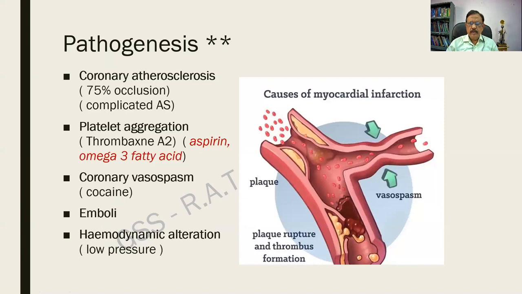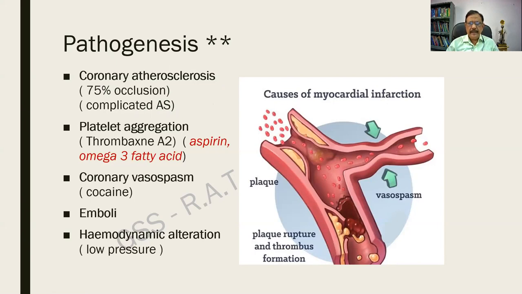Pathogenesis. So always I used to say, subheadings. The subheadings will take you to the answer. Pathogenesis is one. Now what is the basic cause of this myocardial infarction? More than 75% of the cases are due to coronary atherosclerosis. Coronary atherosclerosis by itself, sometimes it can be because of a complication of atherosclerosis, which we shall again be seeing.